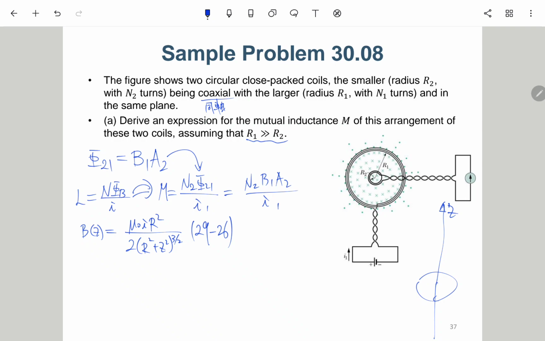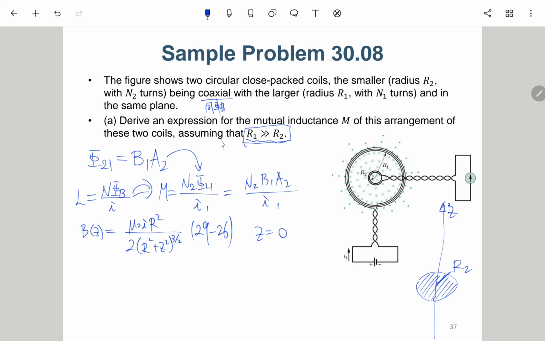But here we use this for z equals 0, and given that R1 is much larger than R2, we assume that the B field over this R2 region is uniform, although it is not.